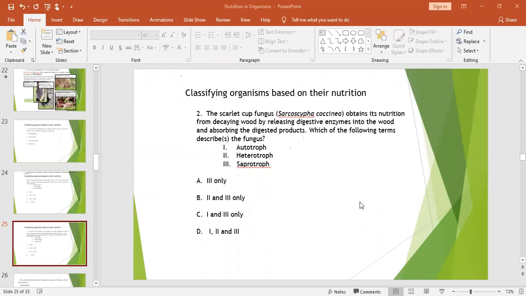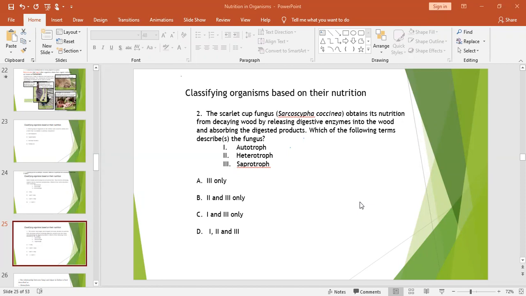Then why do you think it is not? Because they feed on dead organic matter, and they absorb the solutions from the dead decaying matter. I think that is very good.